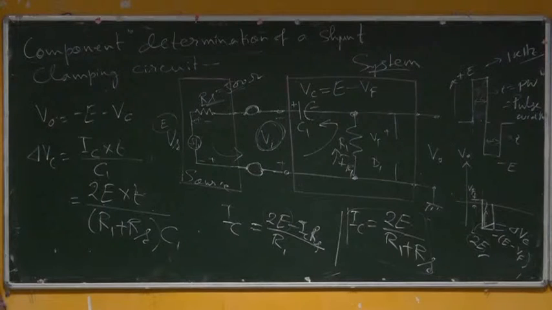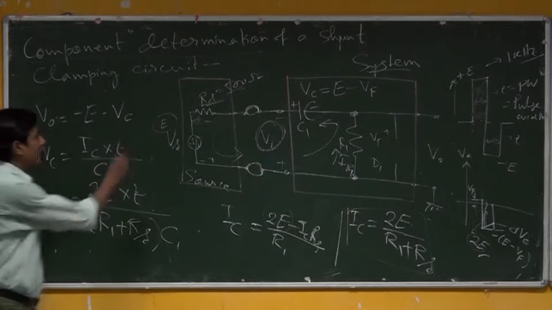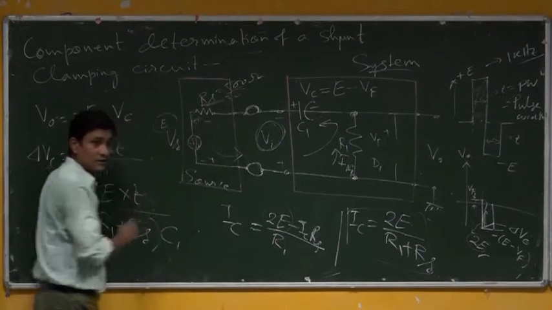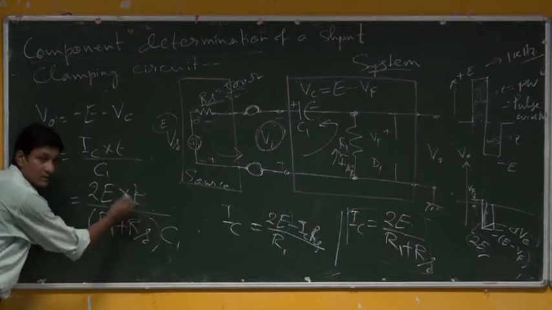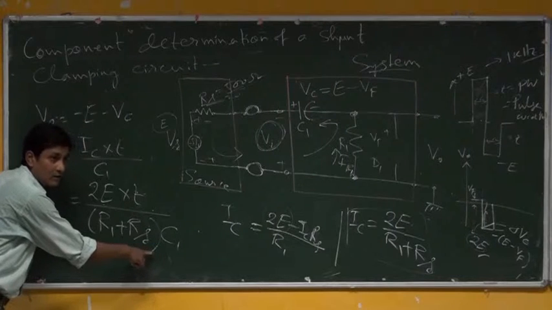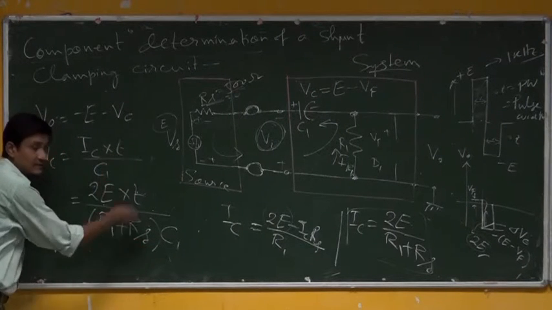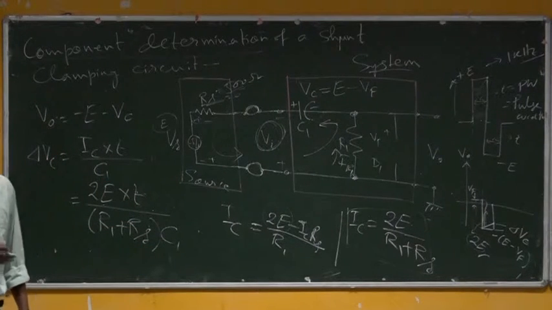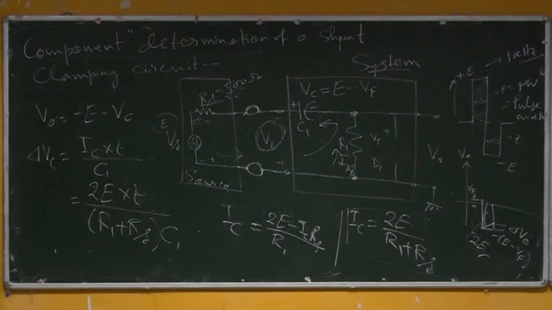What was the previous discussion? In that, Rs was basically 0, so you got R1 into C1. Now you have incorporated another resistor, so Rs has come into it. But what about the time constant now for discharging?